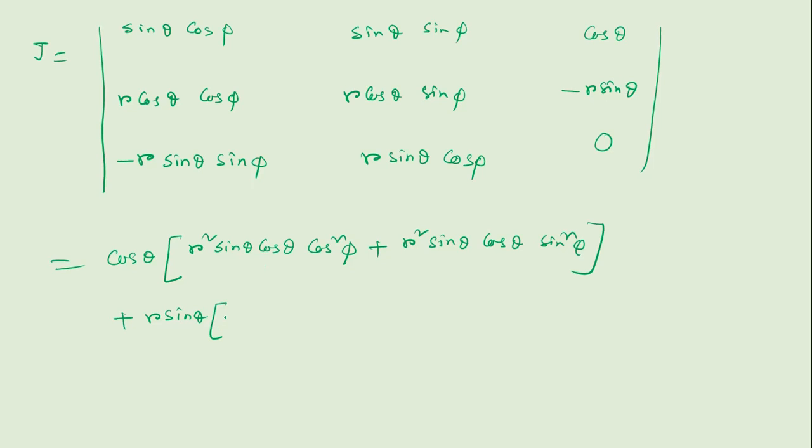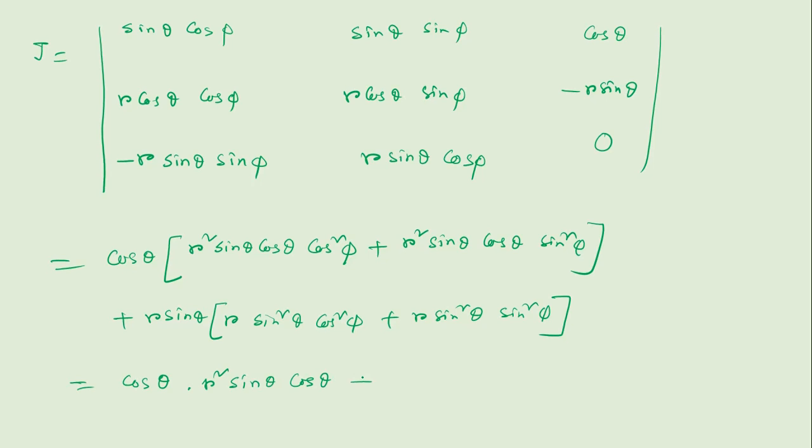This will give you r sin² θ cos² φ plus r sin² θ sin² φ. So this is cos θ times r², which gives you r² sin θ cos θ, plus r sin θ, and from here r sin² θ.